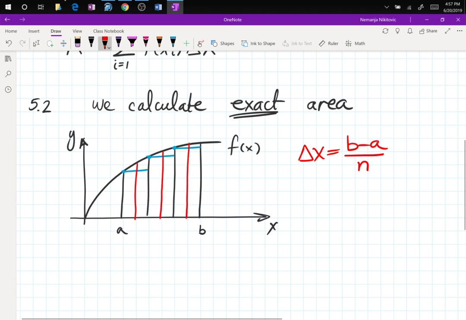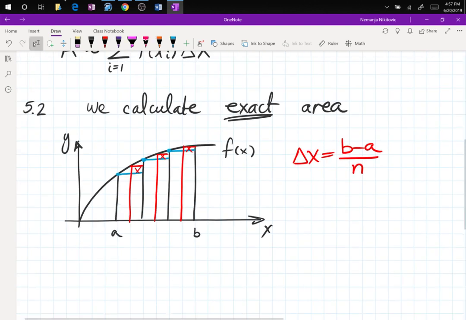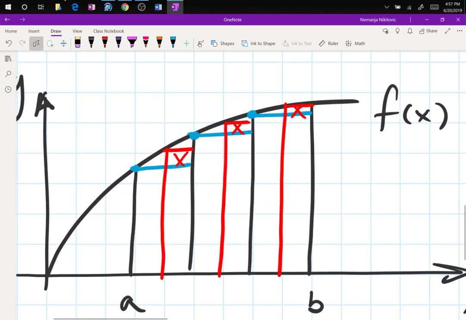And now if you draw the left rectangles for the new ones as well, you see that you eliminated these ones that I put the x's on. We eliminated those as error. So yes, we have more calculations to do. We doubled the amount of calculations, but we also lessened the error.